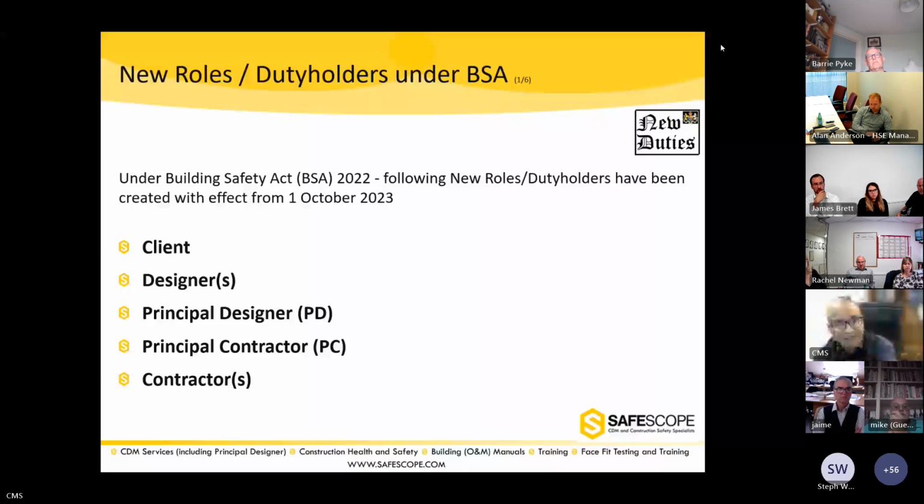One would imagine, as we know it, you can't have two principal contractors appointed on a job. So this will be a principal contractor responsible for CDM 2015, but they will also have to look after the duties under the Building Safety Act as well. And those duties are not the same, they are different. One is looking at the CDM, one is looking at the Building Safety Act.